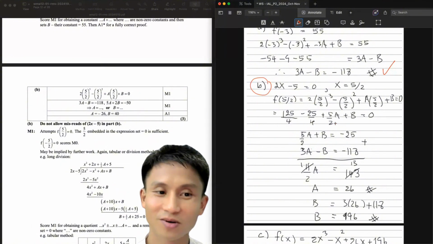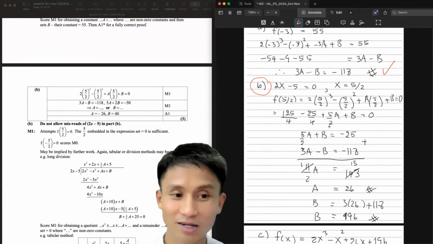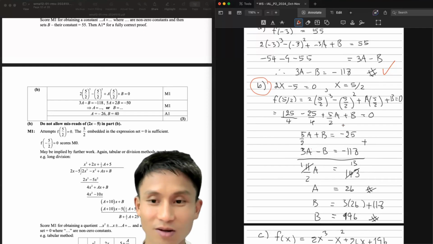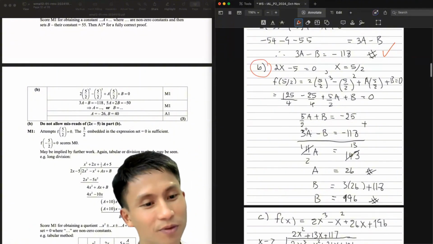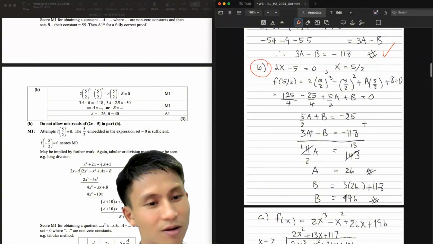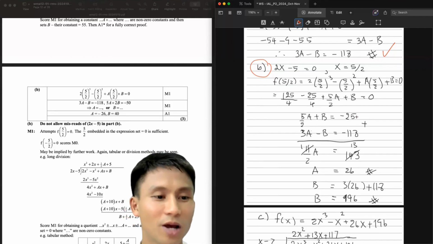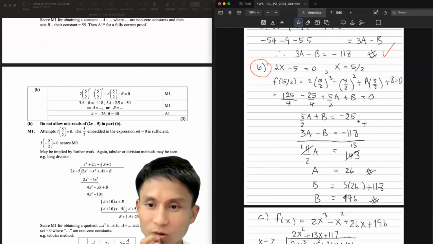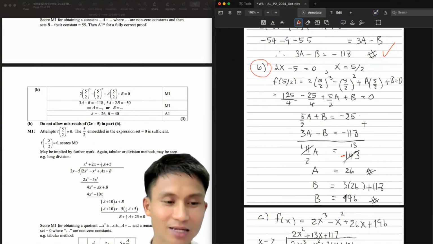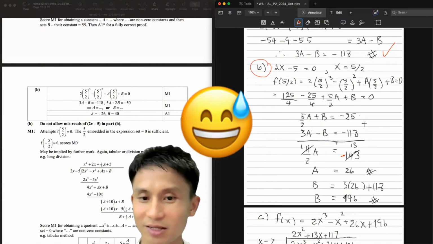Oh no, I substituted 5/2 in, right? Okay, that's weird. But that's still the same equation. Oh, wait. If I add them up, I should get a minus. Oh, no. Man.